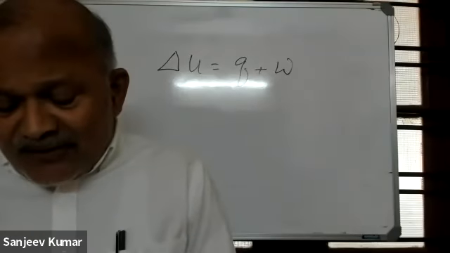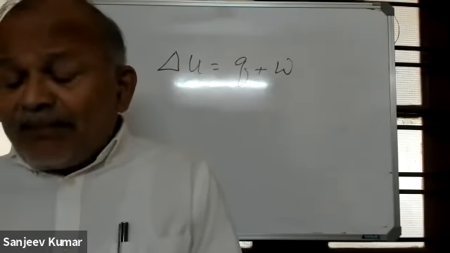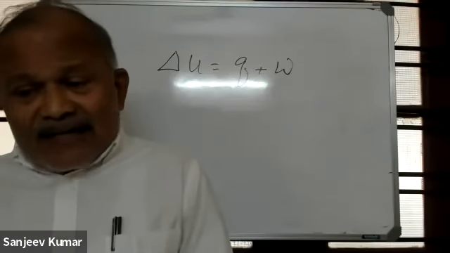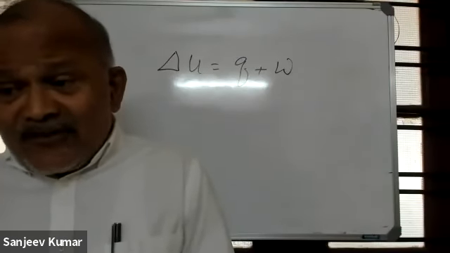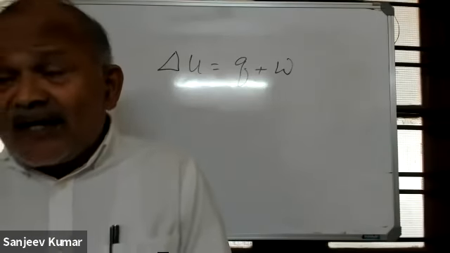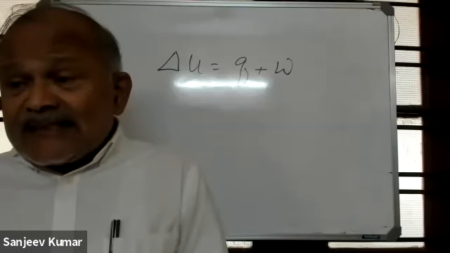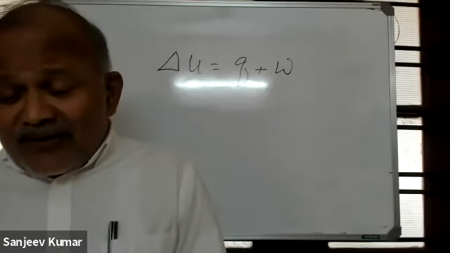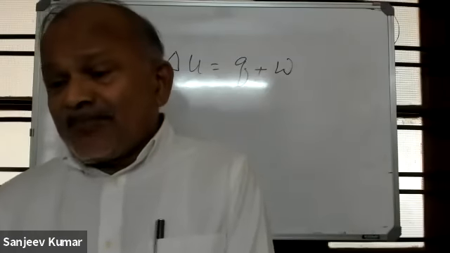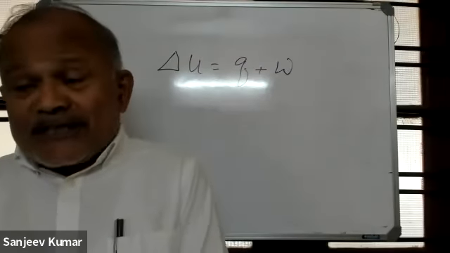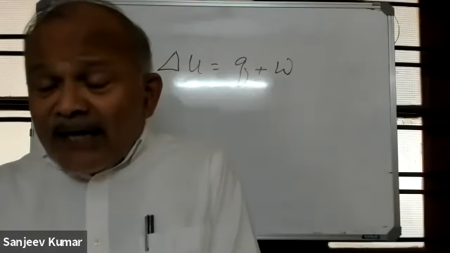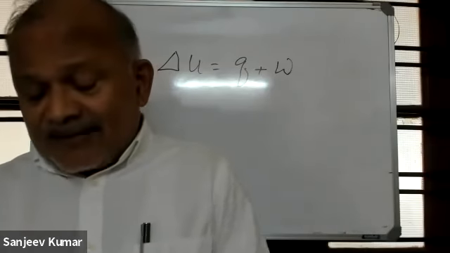Fourth question is, which among the following is a path dependent function? There are state functions and path functions. I have already told you. Variables or functions which depend only on the state of that system are called state function or state variable, and which depends upon the path is known as path function.